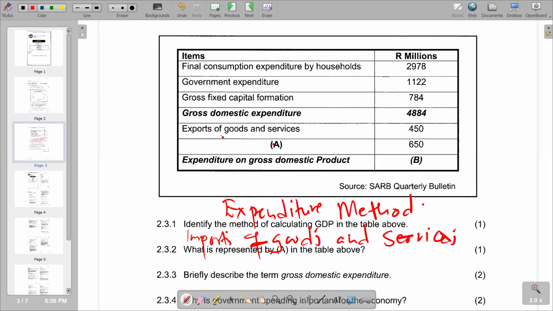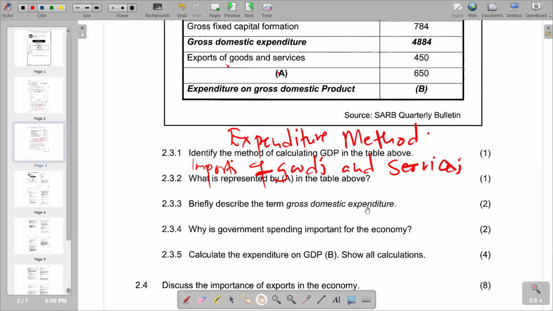So I believe the question that we have says, briefly describe the term gross domestic product. So we are saying gross domestic product is described as the total value of goods and services produced in the domestic economy, or local economy. That's gross domestic product.